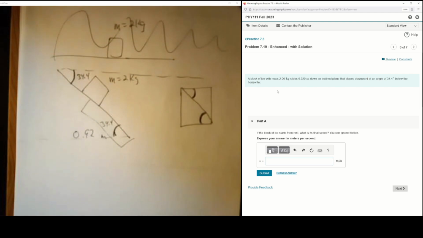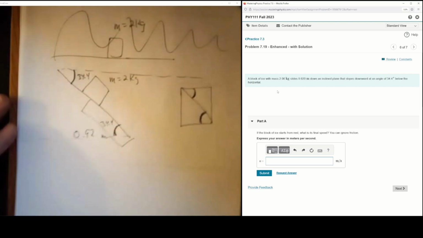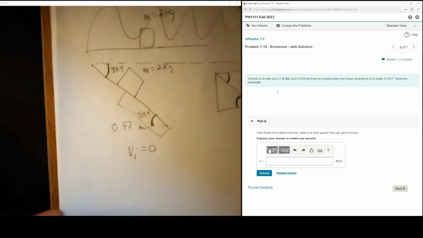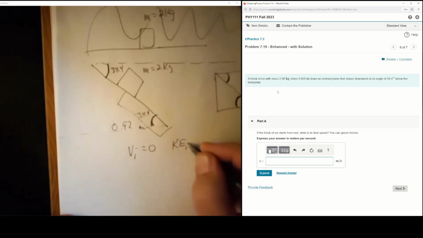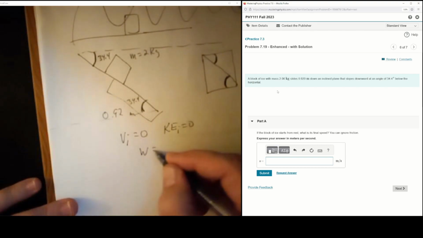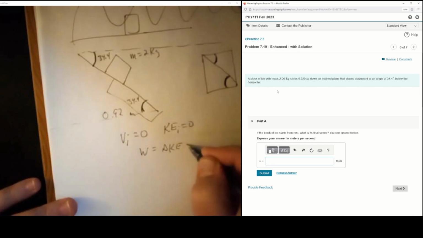And it says, if the block of ice starts from rest, all right, starting from rest means initial velocity is 0, which then means the initial kinetic energy is 0. What is its final speed? So we're going to look at work, change in kinetic energy.